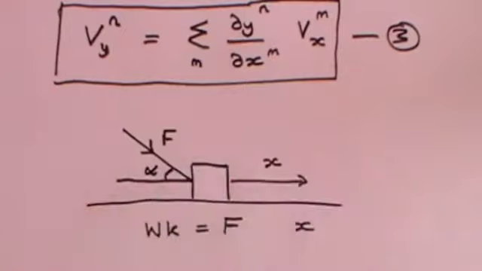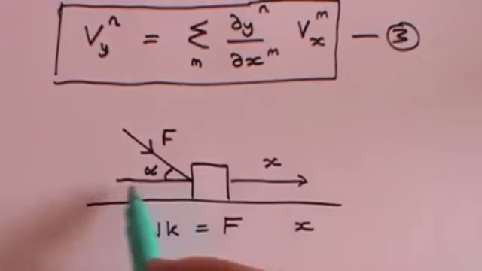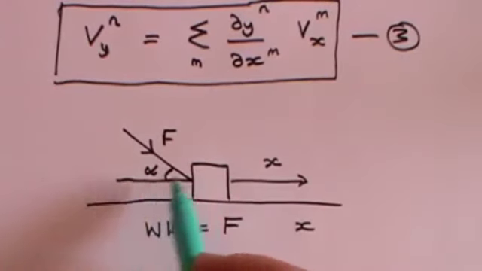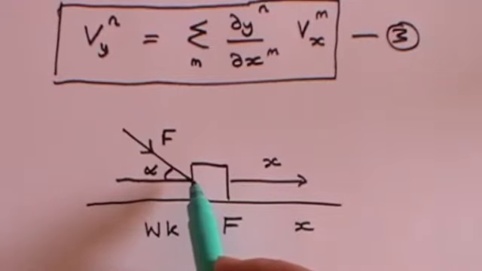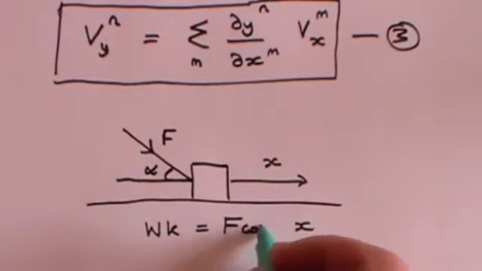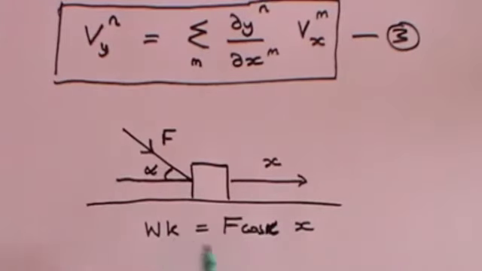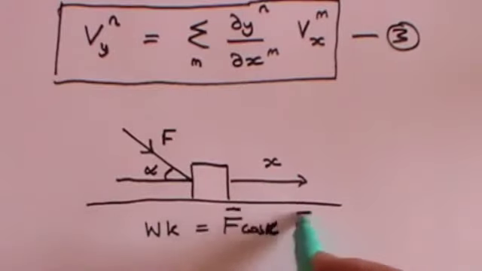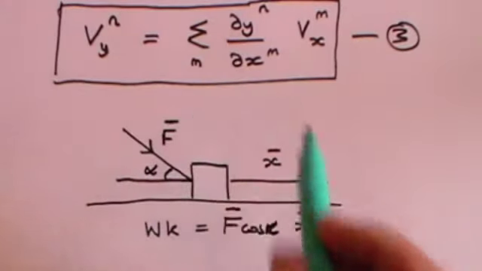So if that angle is alpha, then the component of the force acting in the direction of movement is F cosine alpha. So the work done will be the component of the force that's in the direction we want to move times the distance we travel. And you can think of F and X as being vectors.